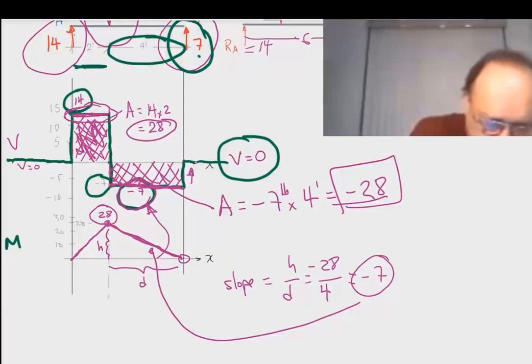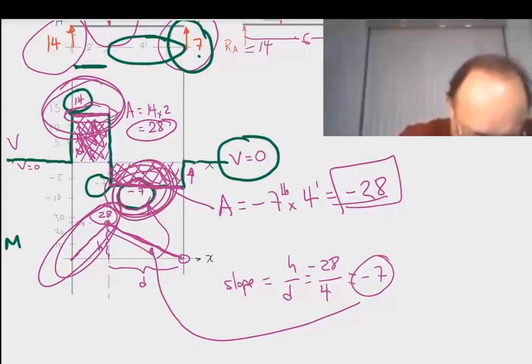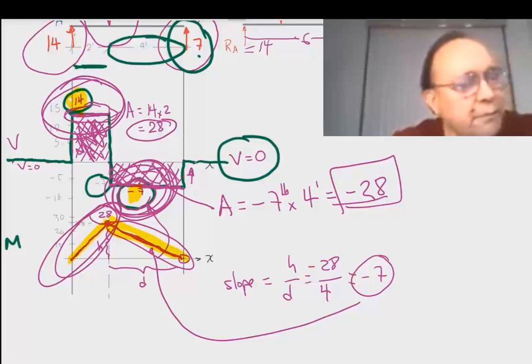The shear diagram, this 14 is the slope of this line. This 7 is the slope of this line here. Okay?